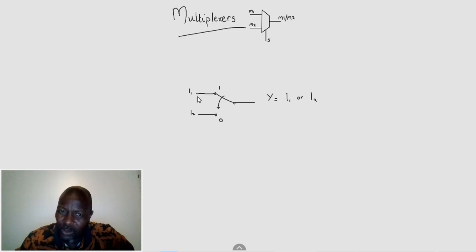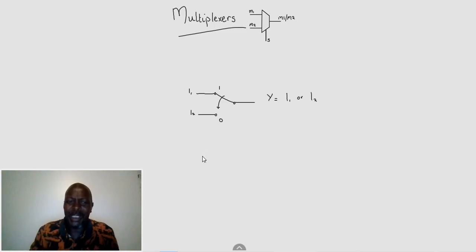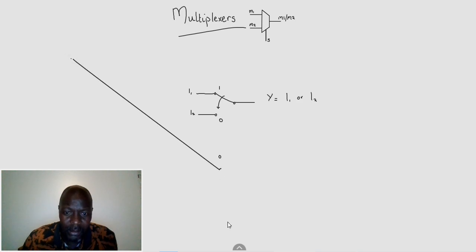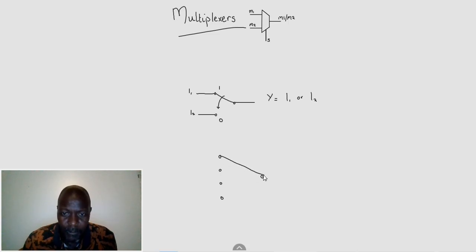Two sounds too shallow or too low to be multi, really, but that is the basic one. We could have a rotary switch instead. Let's suppose we have a rotary switch that could be toggled between four positions: position 1, position 2, position 3, or position 4.